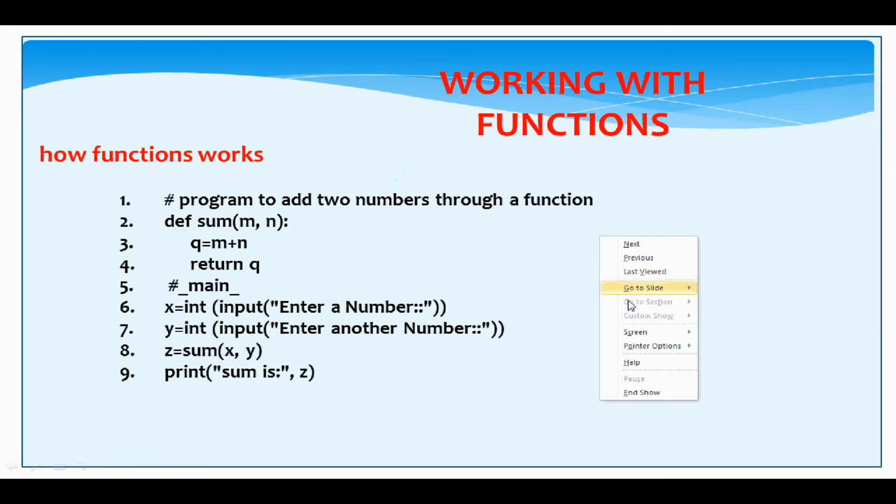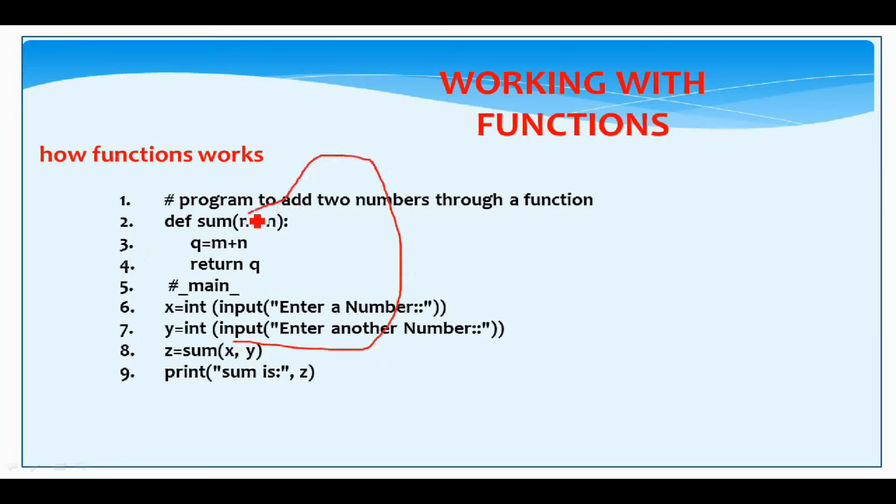Now here the function will be called. When the function is called, the values will be passed. X and Y values will be passed to M and N. Now M and N will be added here, and their sum will be stored in the value Q. Now the return statement will return the value of Q back to the calling function. This is known as the calling function and this is known as the called function.